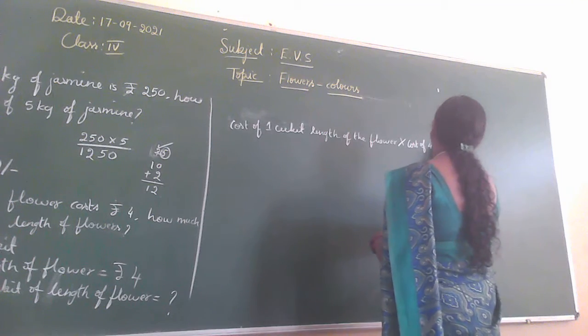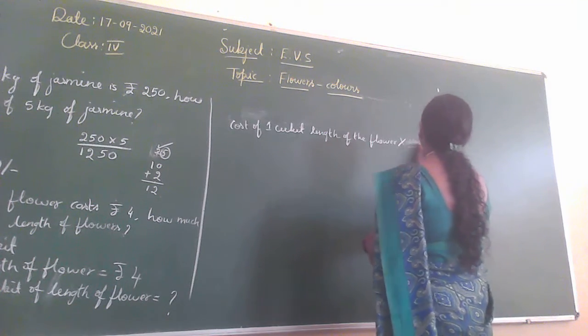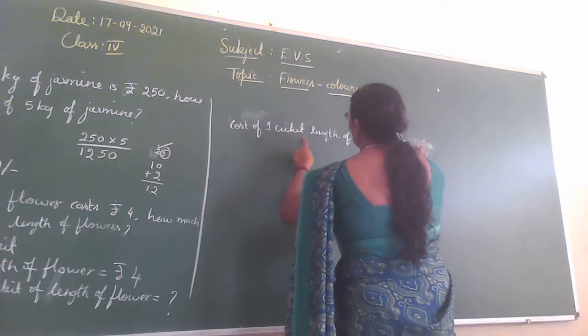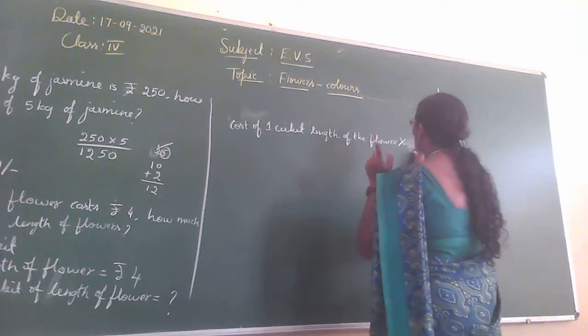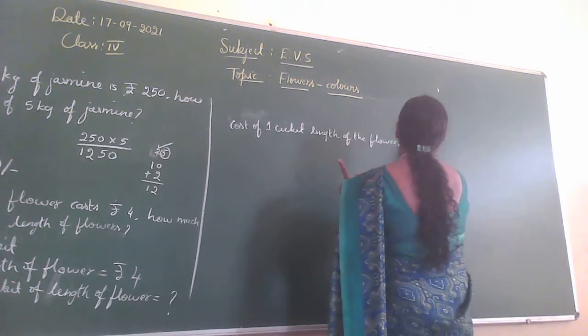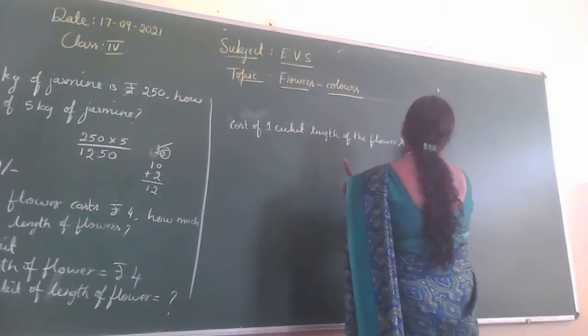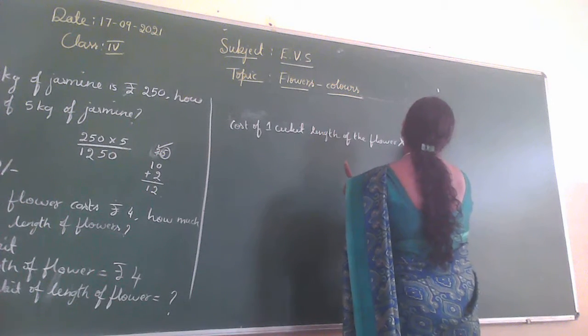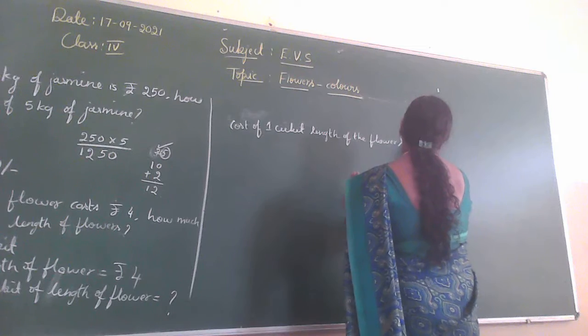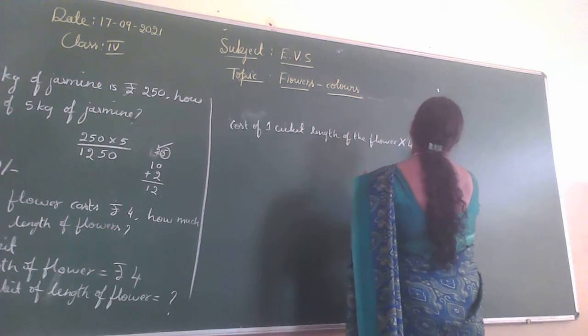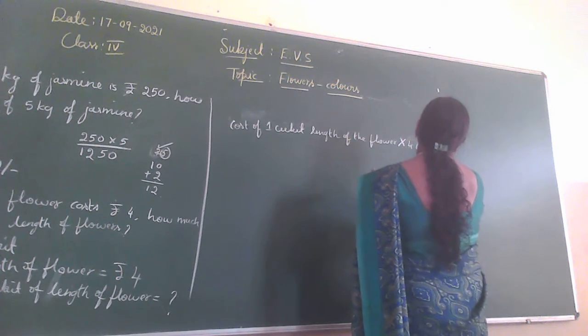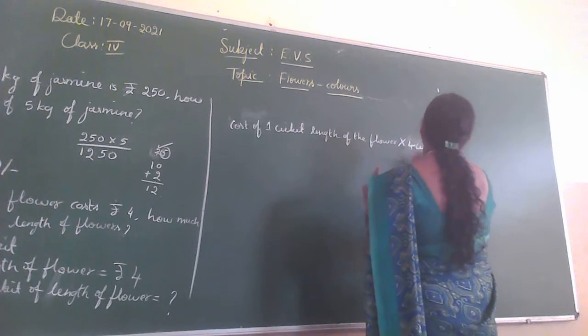Is it? Cost of 1 cubit length of the flower, how much? 4. Then 1 yard or 4 cubit. So this is equal to 1 yard.